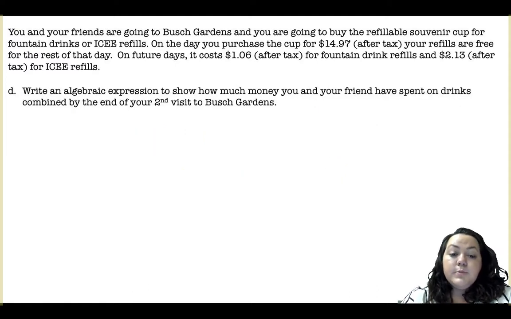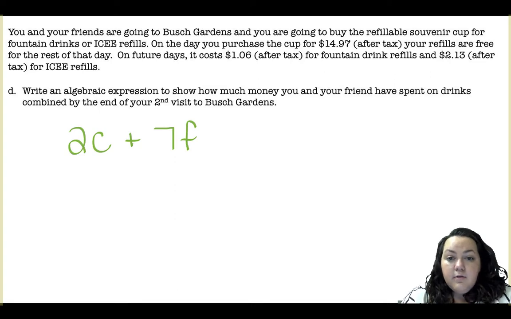Part D, write an algebraic expression to show how much money you and your friends have spent on drinks combined by the end of your second visit to Busch Gardens. So of course you could go back and look at the totals that you spent and your friend spent and add them together. Or we can write an expression, which is what they're asking, so that's what we want to do. So it's 2 times the cost of the cup plus 7 times f, because all together we bought 7 fountain drinks.